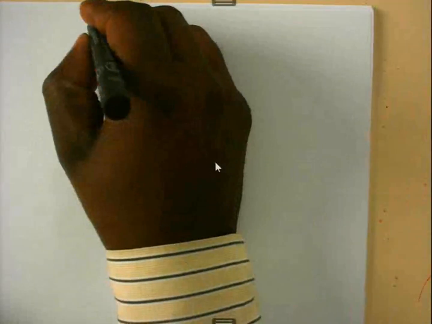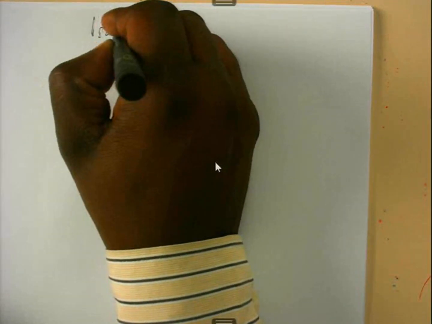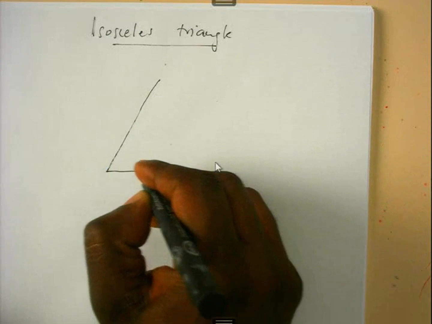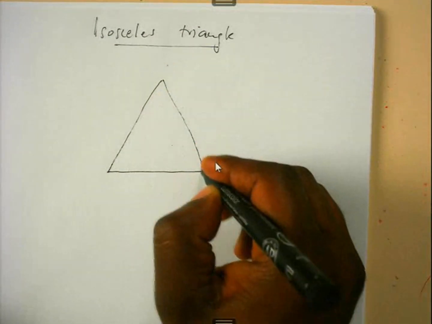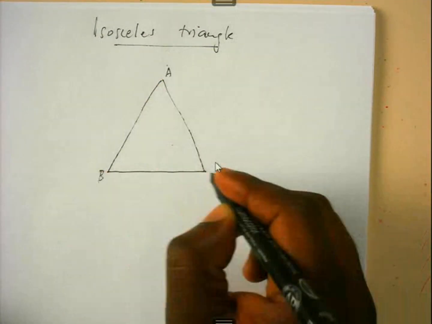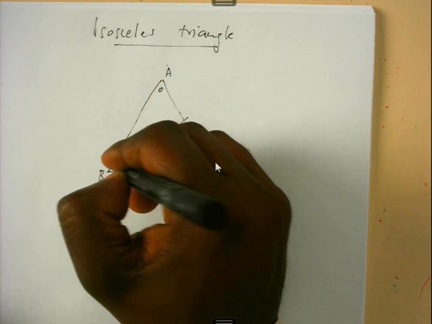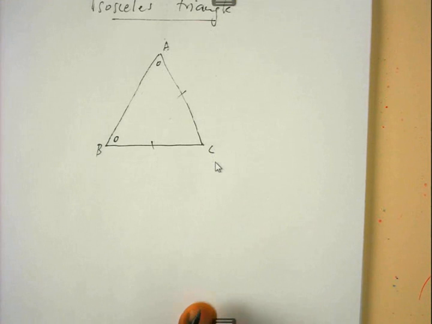One important triangle that I want to mention without wasting time is the isosceles triangle. An isosceles triangle is a triangle in which two sides are equal in length.